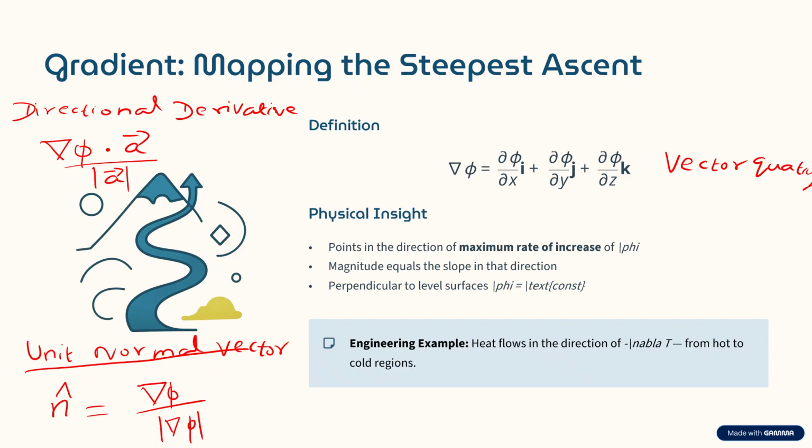And using this gradient of scalar potential and knowing how to find its magnitude, we can even find the angle between two surfaces. Taking surface 1 as phi 1 and surface 2 as phi 2, we can find the angle between two surfaces by using this gradient of scalar potential.